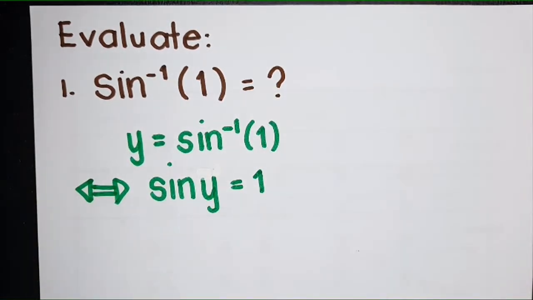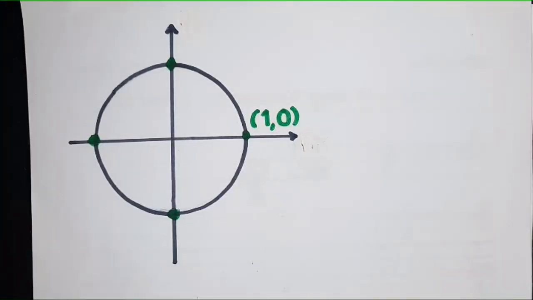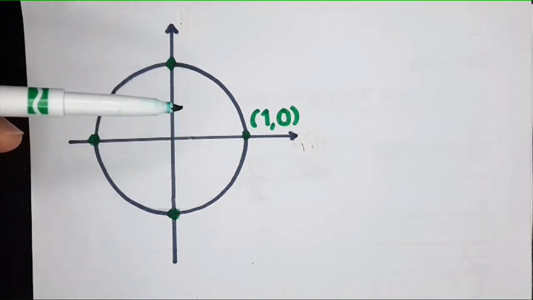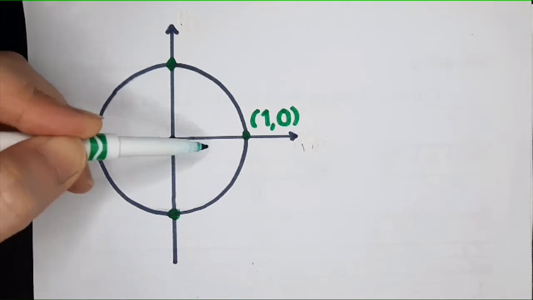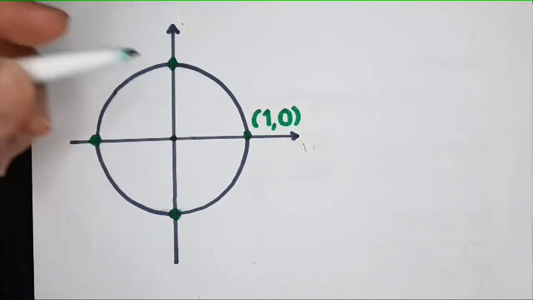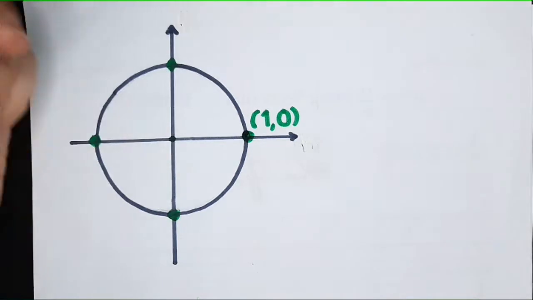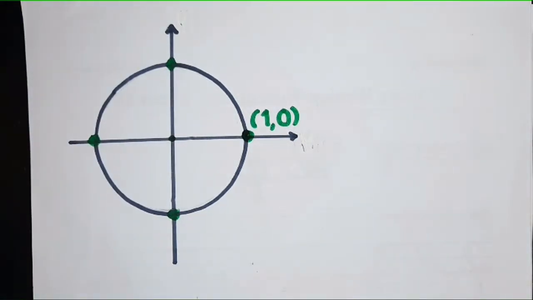So, maybe it's good to recall some trigonometric function values or some circular function values. Okay? Let's do it. So, we have here a unit circle. Okay, what do you mean by a unit circle? The center is at 0, 0, and the radius is 1. Okay, so this point is labeled as 1, 0.